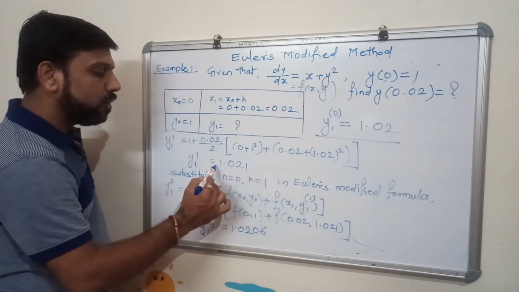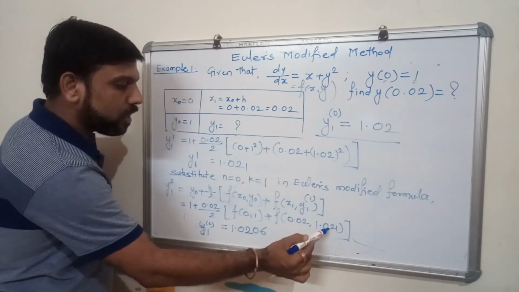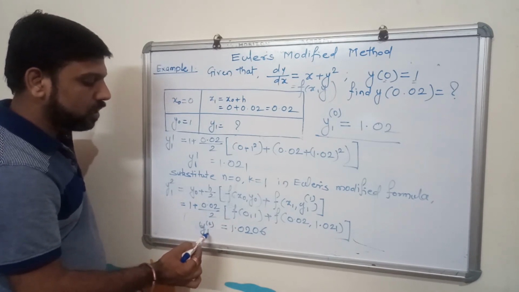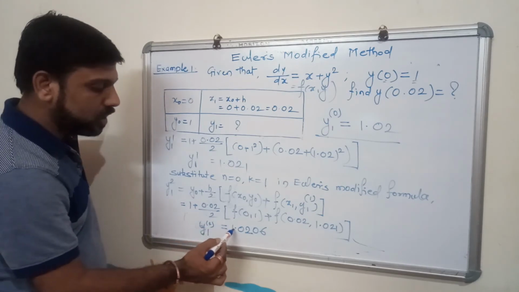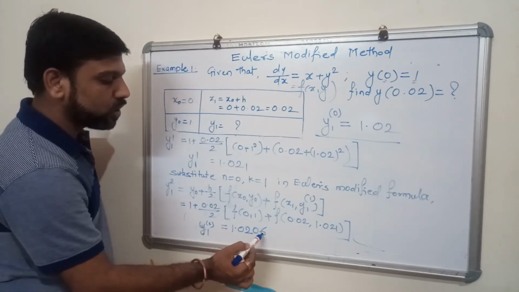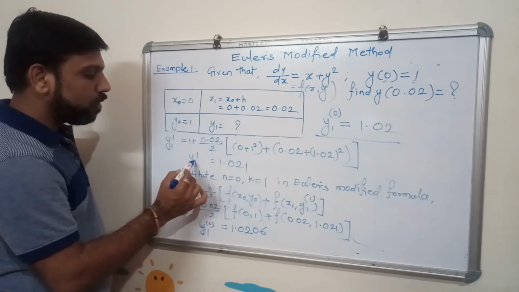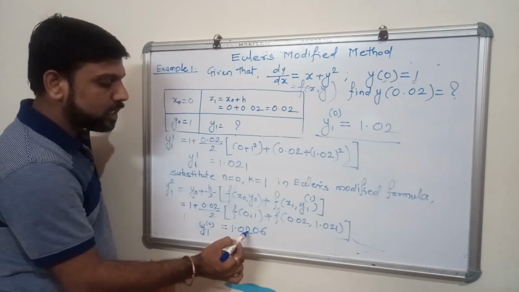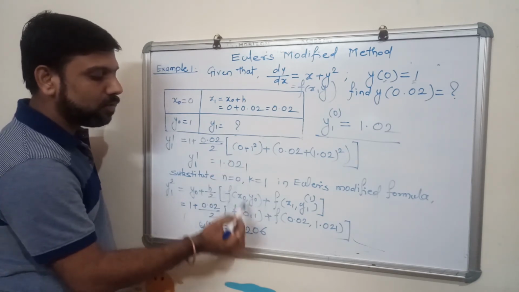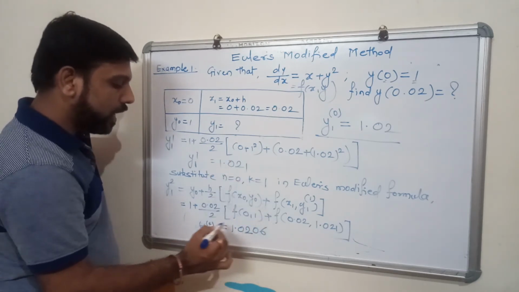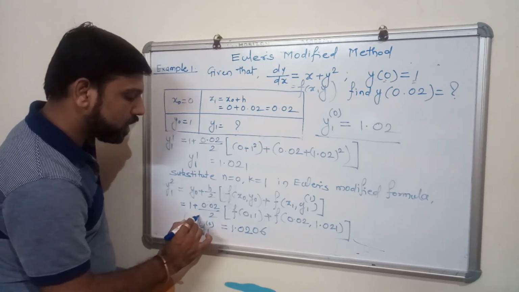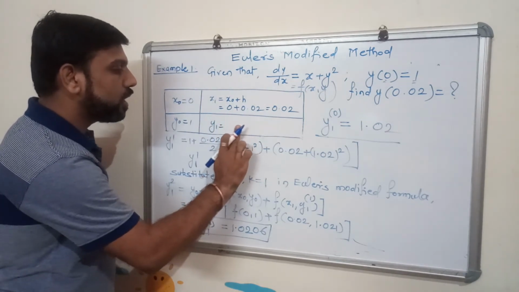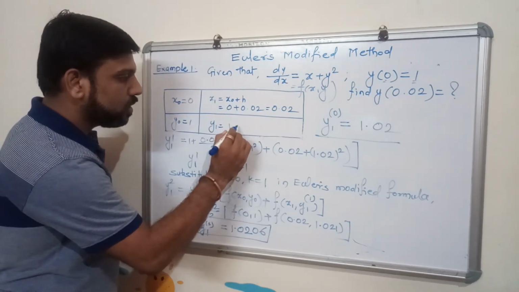Y1^{(1)} we already calculated, so substitute that value here, calculate this, and the second approximation for the first iteration becomes 1.0206. Now if we compare y1^{(1)} and y1^{(2)}, they are approximately the same for two decimal places. So always we have this conclusion, and this second approximation we declare as the value of y1, and complete our table.